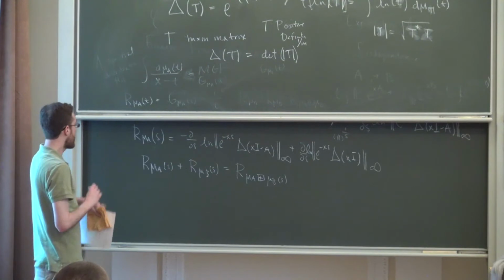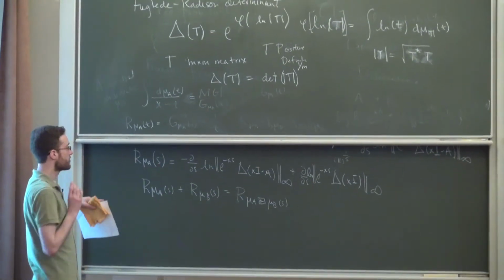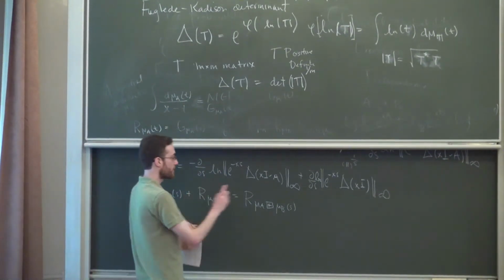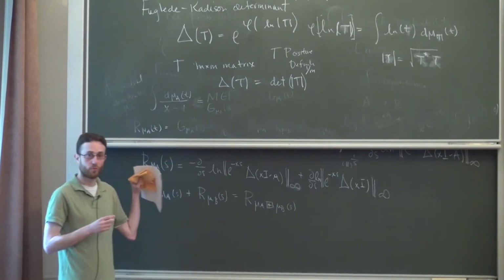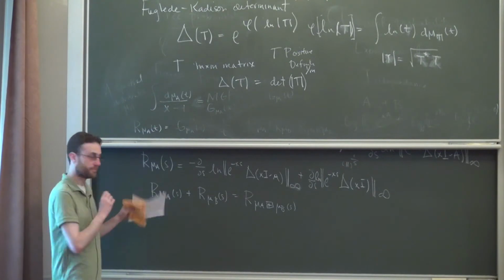And the idea is that now I'm just going to do exactly the same thing, except I'm going to take away these infinity norms. I'm going to turn them into m norms for some m.